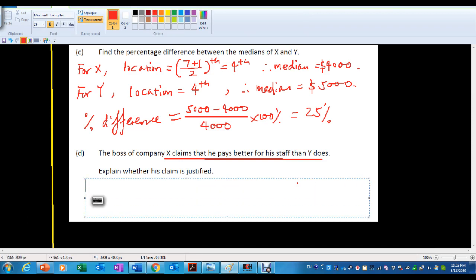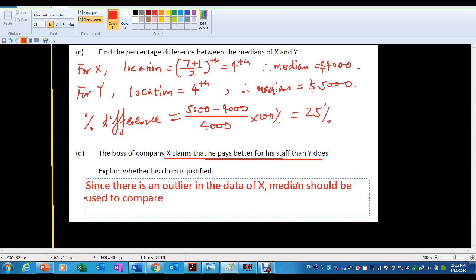Since there is an outlier in the data of X, the median should be used to compare the central tendency.